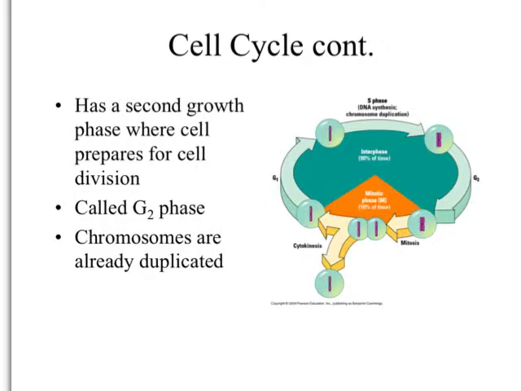Finally, just before the cell is going to divide, it goes through another growth spurt, which we call the G2 phase. So the chromosomes are duplicated, they're wound up, they're ready to go. Everything is nice, the cell is nice and full and fat and ready to make two daughter cells from it.